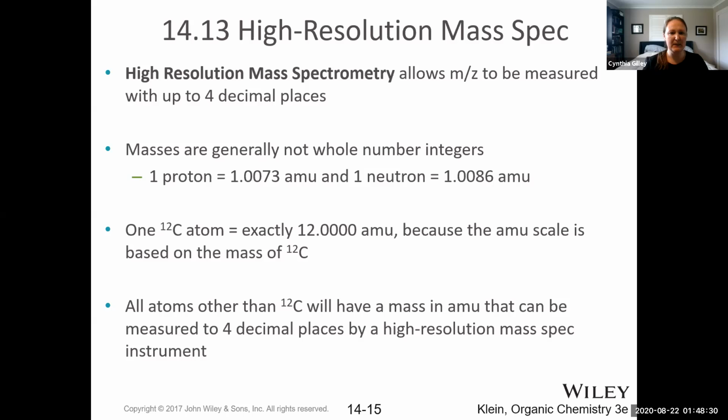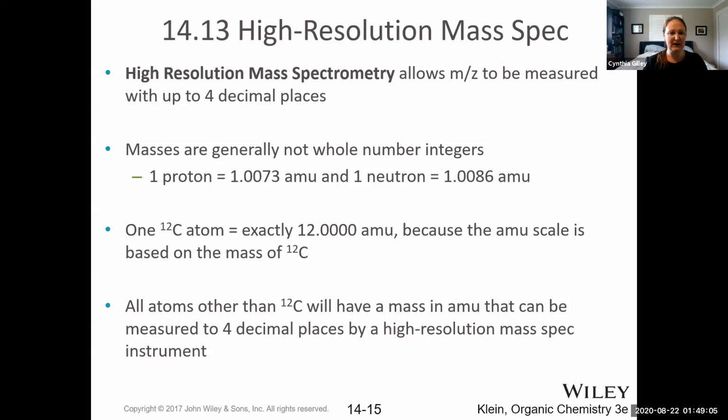Okay, so one thing to mention is that there is something called high resolution mass spectrometry. And that's actually a very useful type of spectrometer to have, where it will actually measure the mass to charge ratio, which is just relative to the mass. Since the charge on most ions is just +1, we'll actually measure it up to 4 decimal places. And this is useful for determining what is the exact formula associated with that mass.